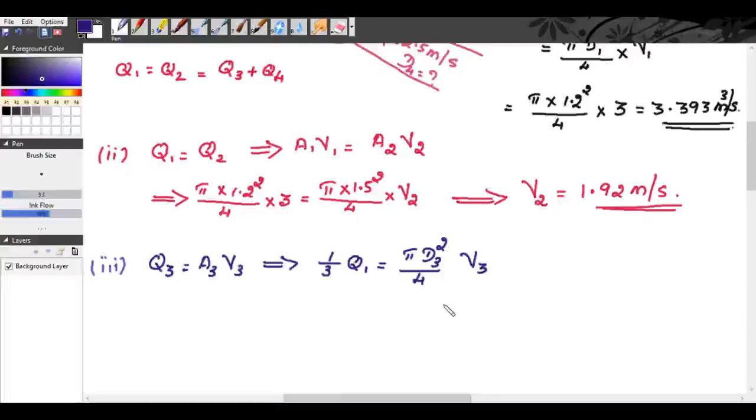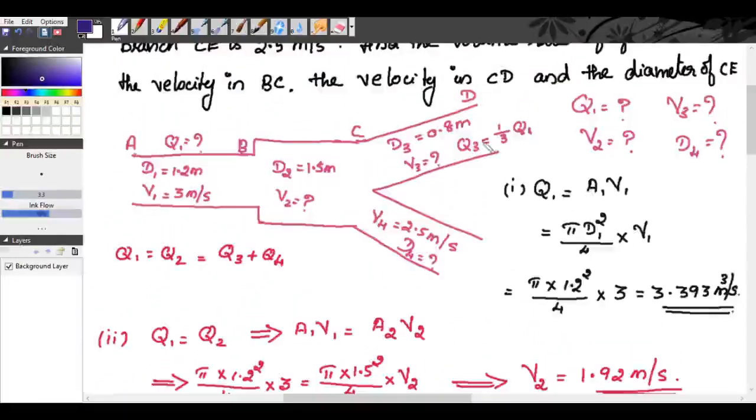Okay. So now, what is Q1? Q1 is nothing but A1 V1, so 1 by 3 of A1 V1 is equal to pi D3 square by 4 into V3. D3 we will substitute, D3 is 0.8 meter.